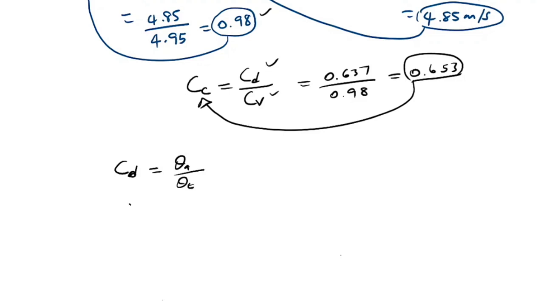Then the formula to calculate the coefficient of velocity is actual velocity over theoretical velocity on the bottom. The formula to calculate the coefficient of contraction is equal to the coefficient of discharge divided by the coefficient of velocity. That was the formula to calculate these coefficients that they were looking for. So we found this, this, and this, and we are done.